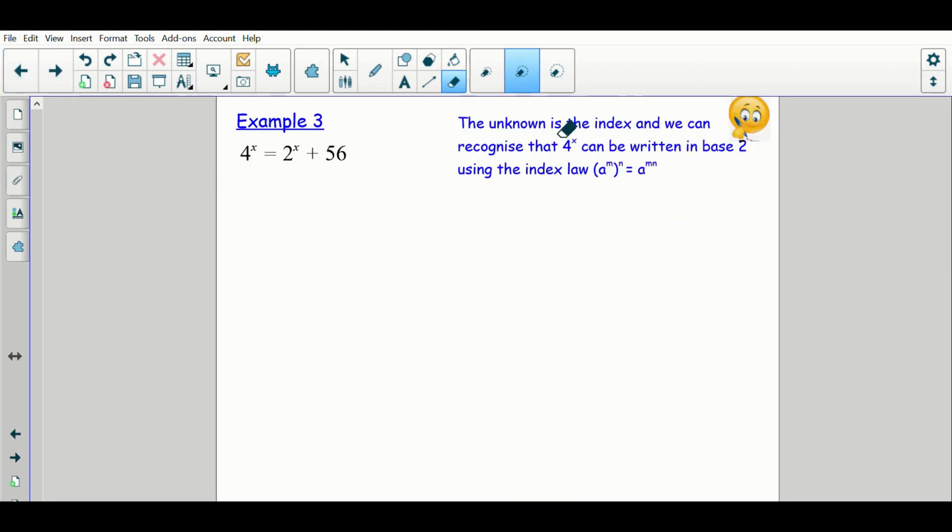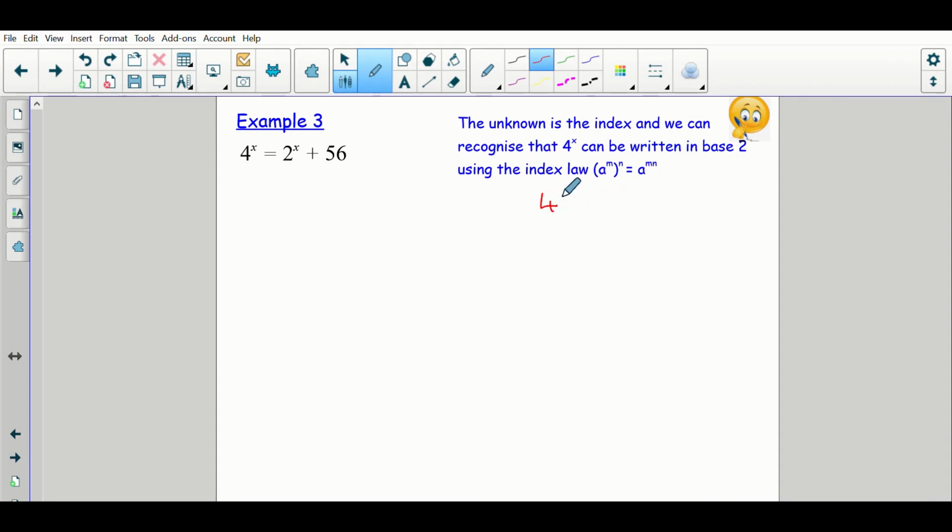A slightly different style of question now. So in this question we see that our unknown is the power. We have met equations like this before when we've been doing equations with indices, and in this case we have tried to write the terms with the same base. So that's what we're going to have a go at here. So we can recognise that 4 to the x can be written in base 2 using the brackets index law.